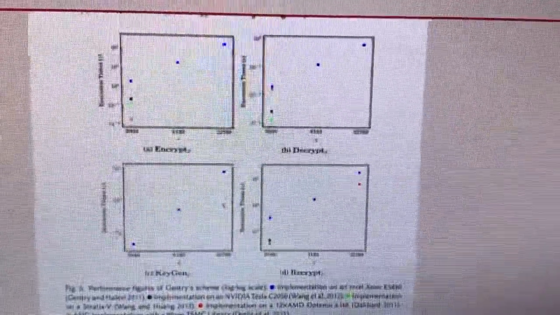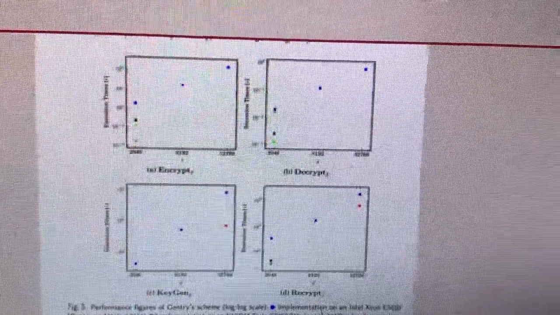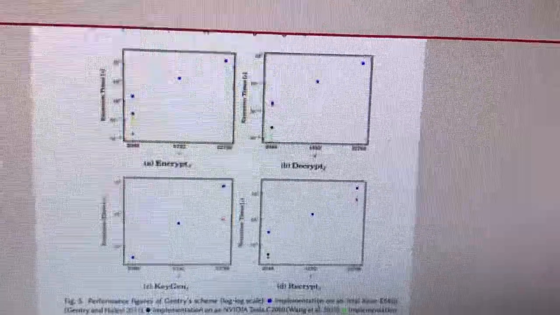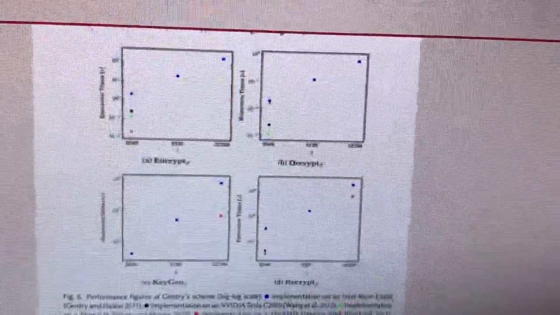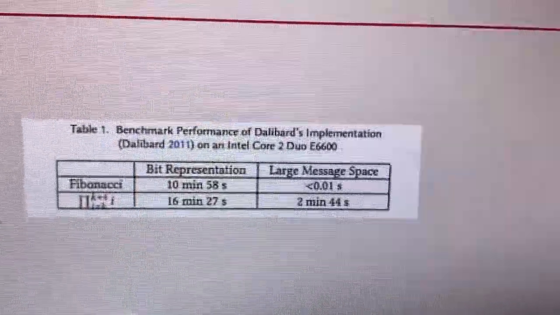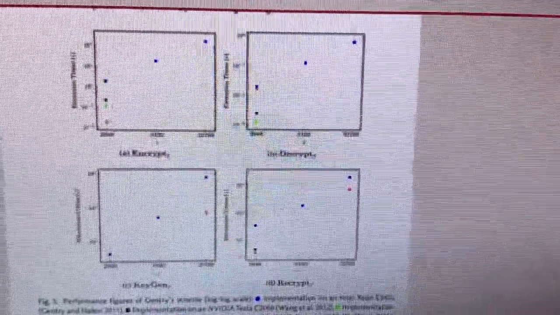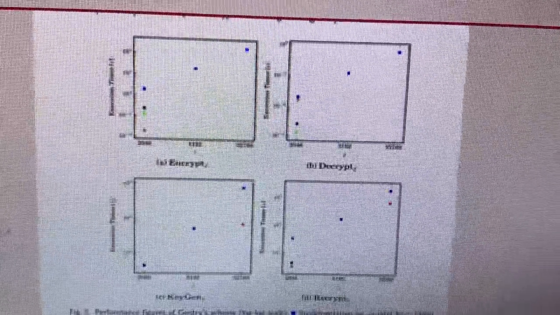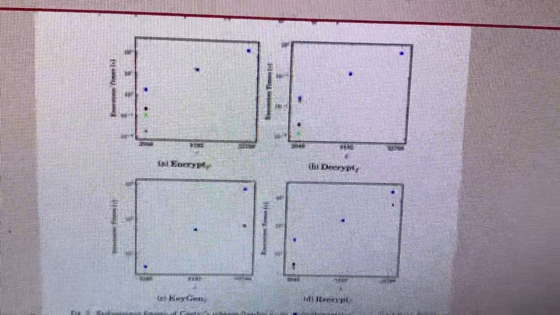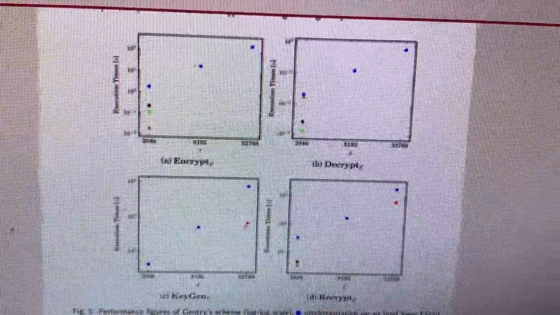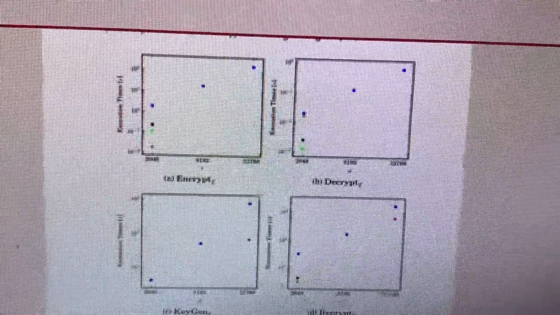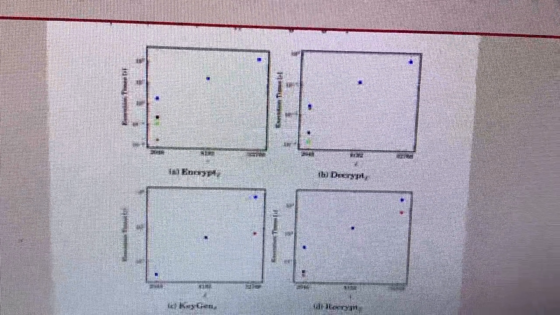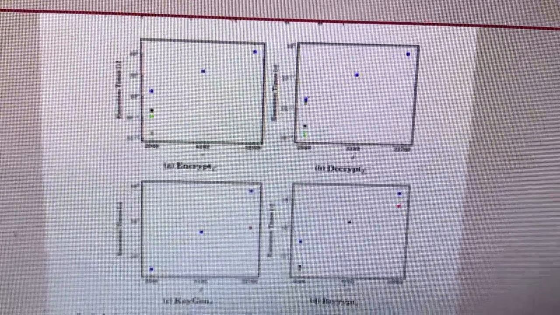But we're showing the runtime of 4 different implementations in the actual encryption crypto system. The fastest would be decrypt, which operates at an order of 10 to the negative 2 seconds, followed by encrypt, whose runtime is in seconds, and key generation and re-encryption, which are the 2 implementations that take the longest.